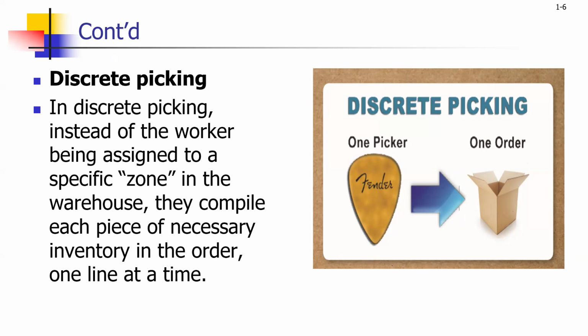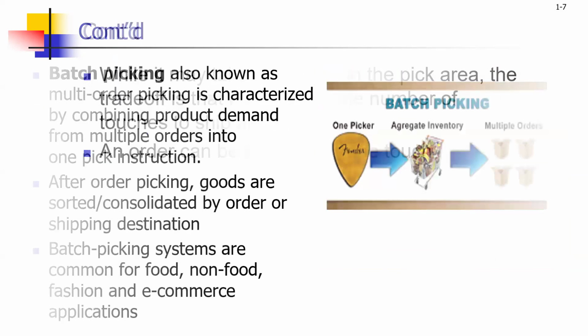The person will go and pick all the items together and then dispatch it to the customer. So there's no picking assigned to any particular zone. One picker does all the picking and then puts it in one order for the customer.